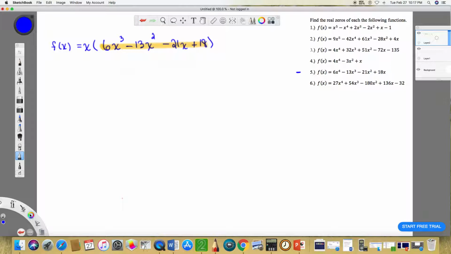So let's look at the factors of the constant term. Factors of 18: 1, 2, 3, 6, 9, and 18.